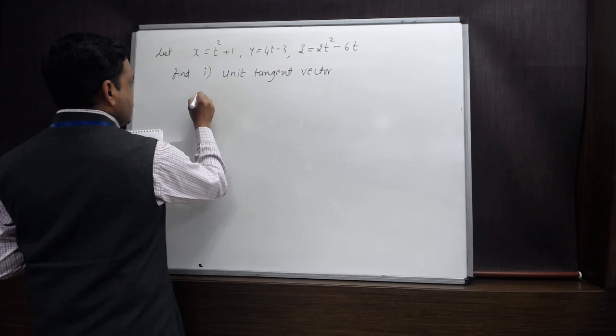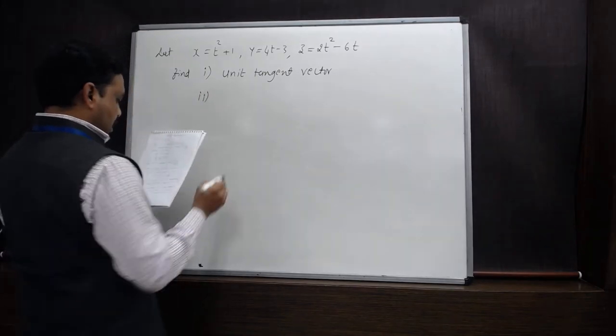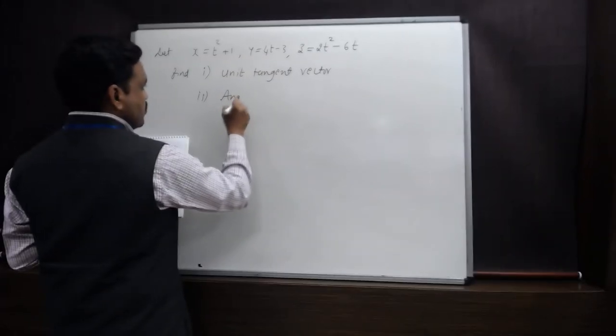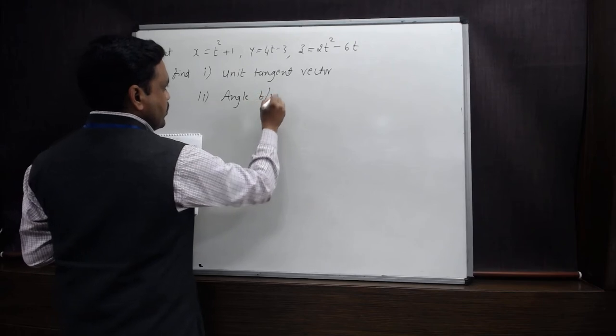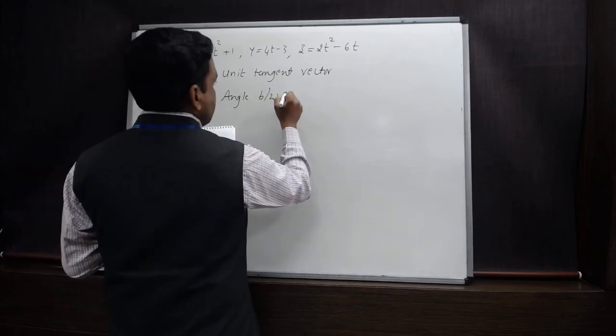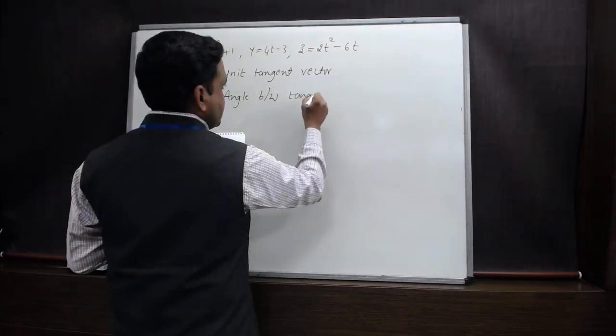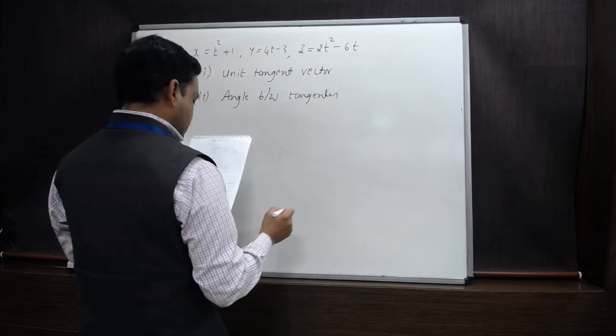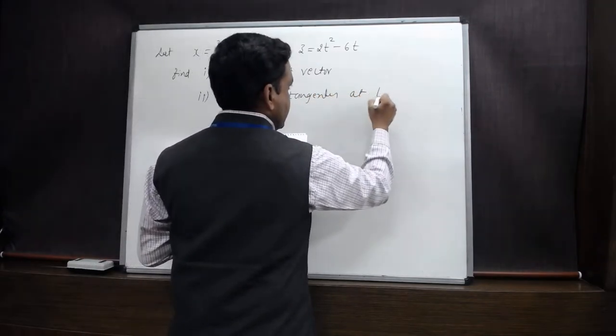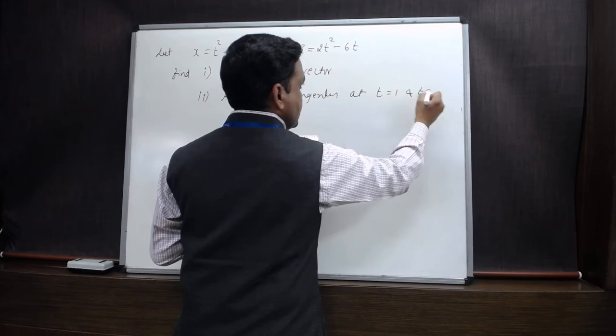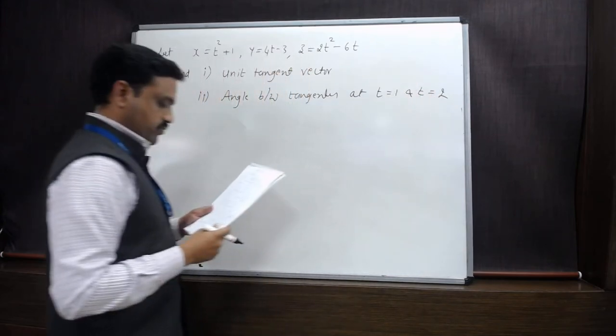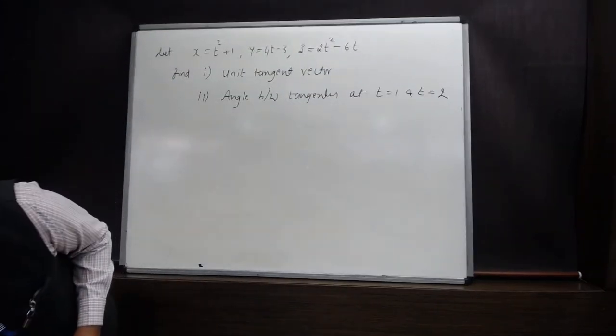Second question, the angle between the tangents at t equal to 1 and t equal to 2, at the points given.